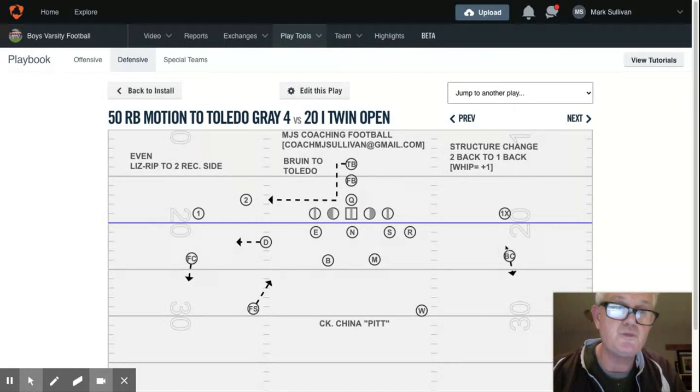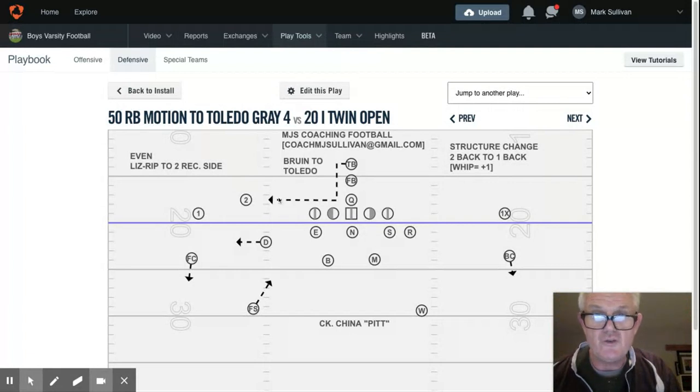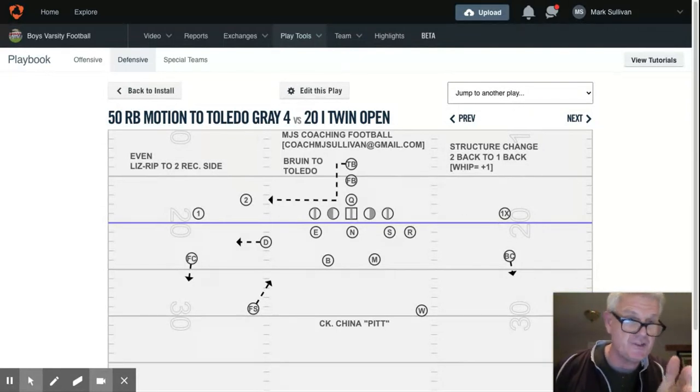We have all wide receivers, 4 wide receivers spread out. In Texas, it's only 3 wide receivers because there's a tight end. In Toledo, there are 4 wide receivers, which means everybody's detached from the tackle.